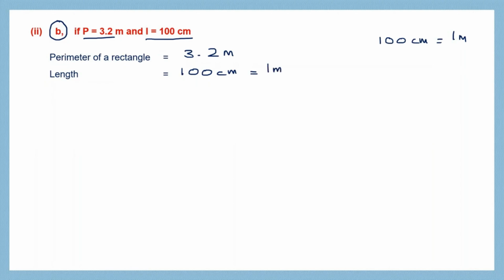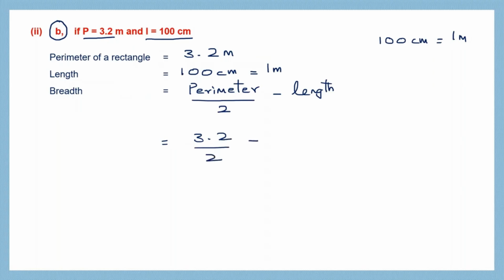Now let's find the breadth. We have to find the breadth, and the formula to find the breadth is perimeter by 2. Divide the perimeter by 2 and minus the length from it. So let's substitute all the values. Perimeter is 3.2 divided by 2 minus length is 1.